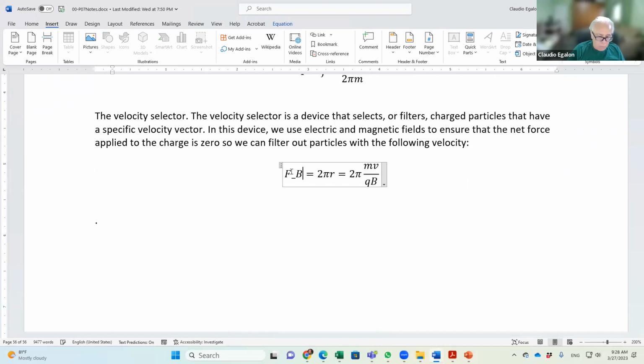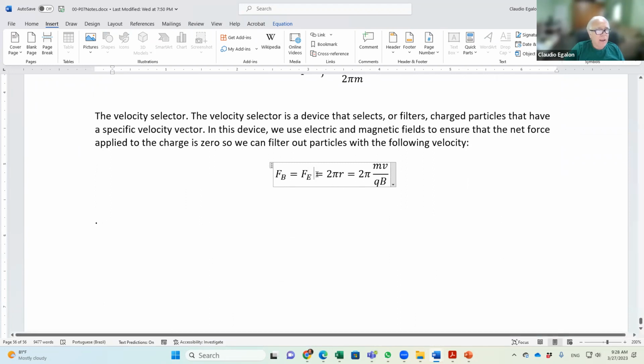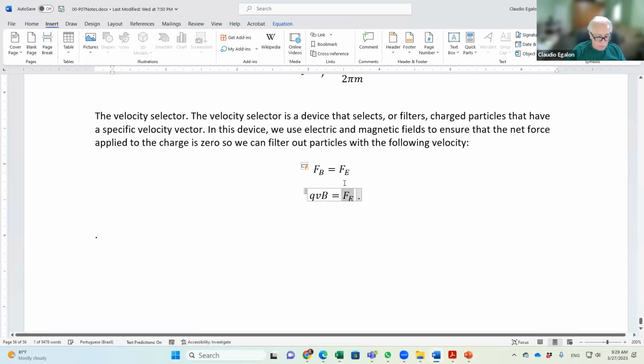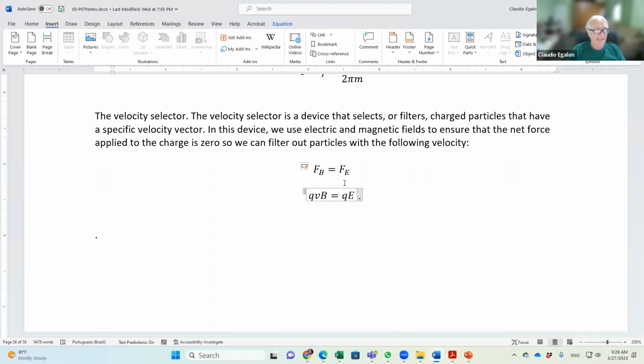Magnetic force must be equal to the electric force. Magnetic force is going to be QVB. Electric force is going to be QE.